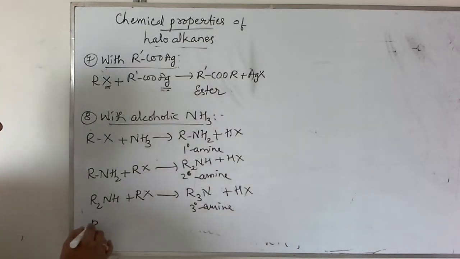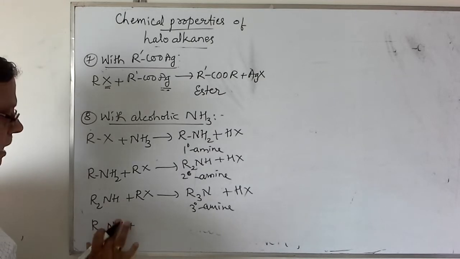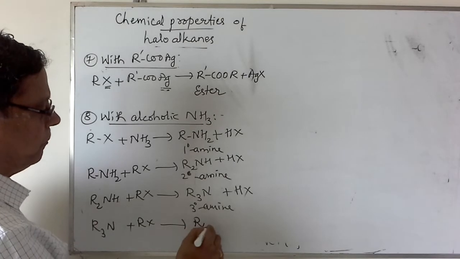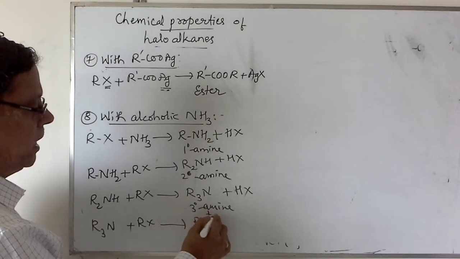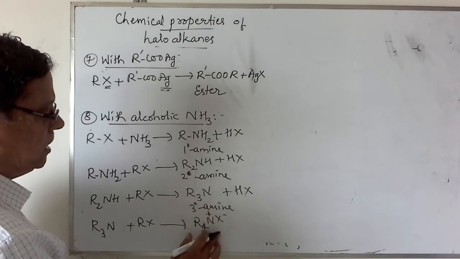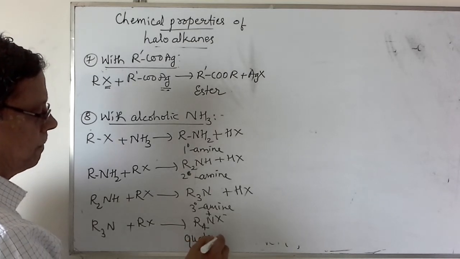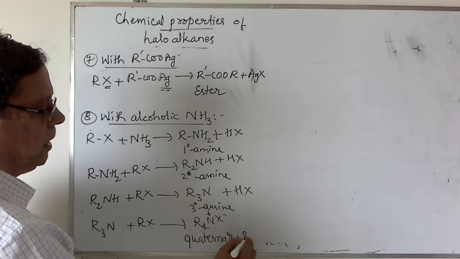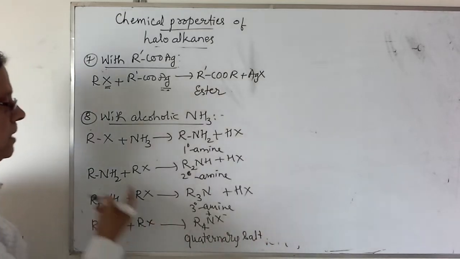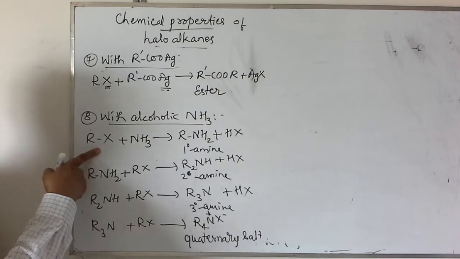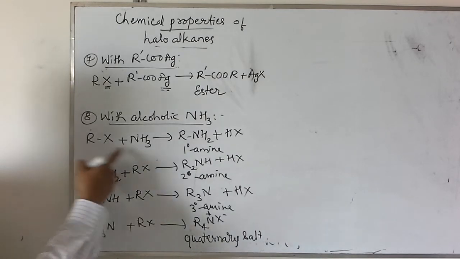If a further amount of alkyl halide is available, R3N plus RX will give rise to R4N plus and X minus. This is called quaternary salt.